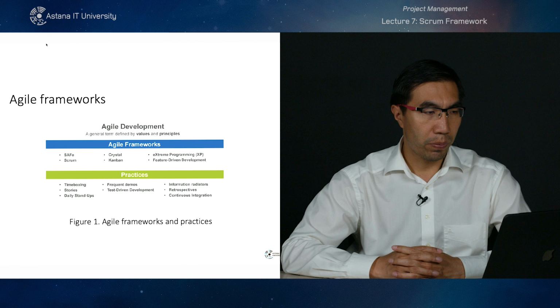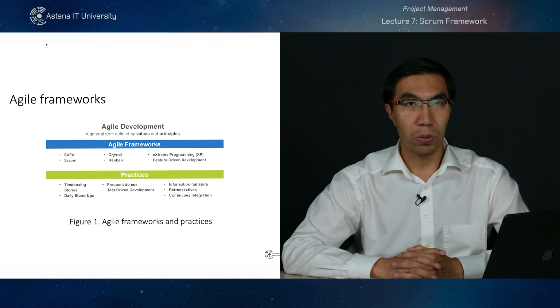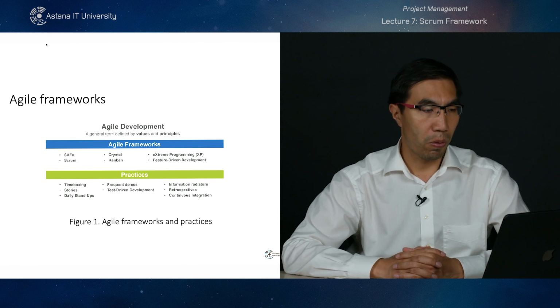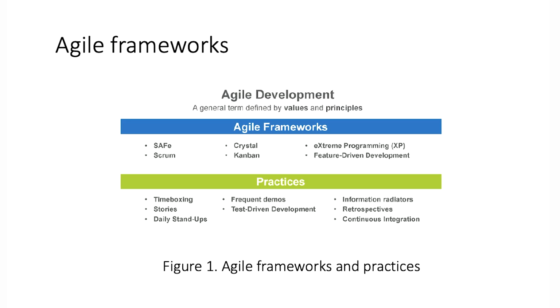Before we continue with the Scrum Framework, I want to give you an overview of existing agile frameworks and practices, because people sometimes can confuse practices and frameworks. Agile is an umbrella term for various agile frameworks such as Scrum, Kanban, Crystal, Extreme Programming (XP), Feature-Driven Development, and SAFe, which is Scaled Agile Framework.